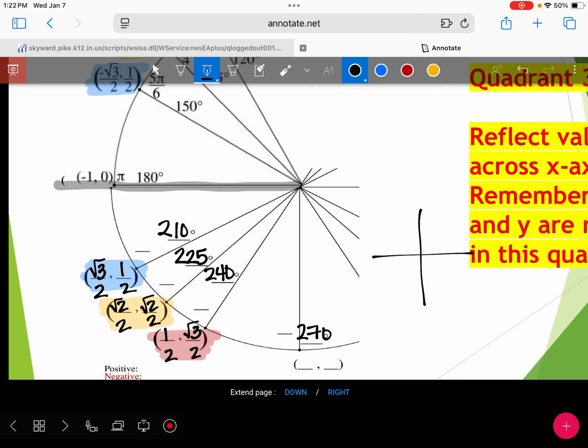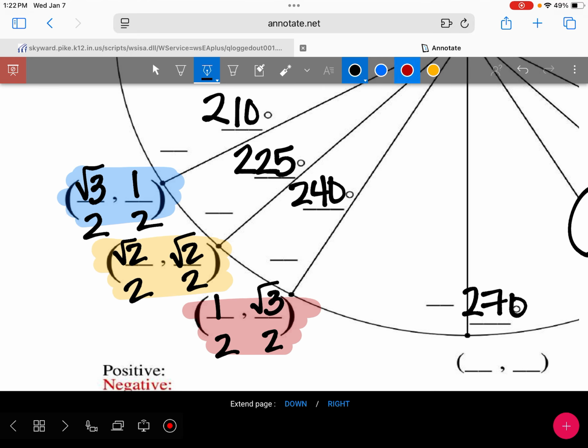So remember, quadrant 1, they're both positive. Quadrant 2, x becomes negative. What happens in quadrant 3? What did you say? Can you repeat that? Negative, negative. They're both negative. So I want you to put a negative in front of both.